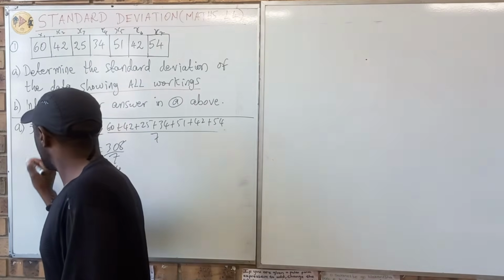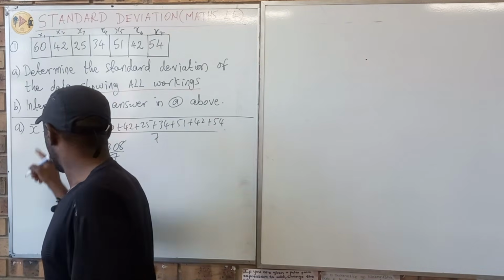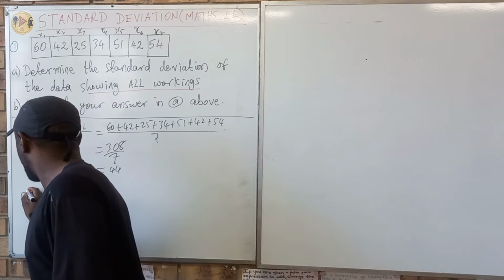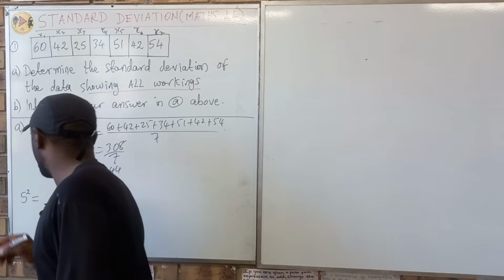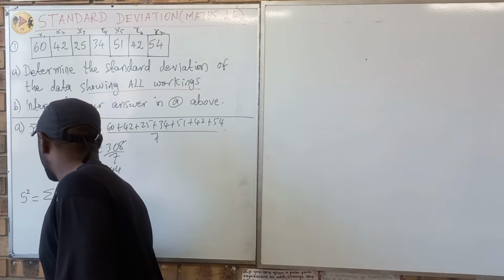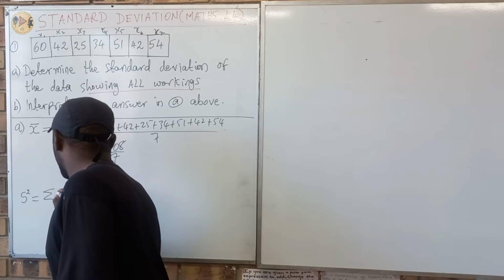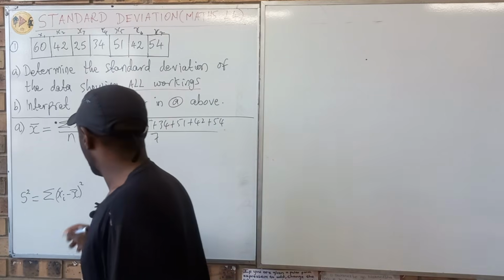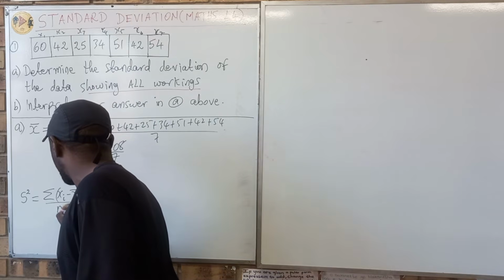This first formula is formula number 18 on the Level 4 formula sheet. The second formula is that of the variance, which is formula number 19. It is defined as the sum of xi minus x bar, all squared, which means you take every data point, subtract the mean, square it, then you divide by n.